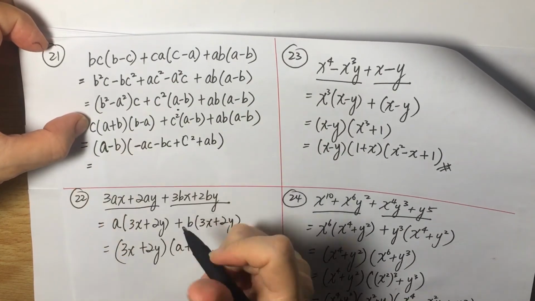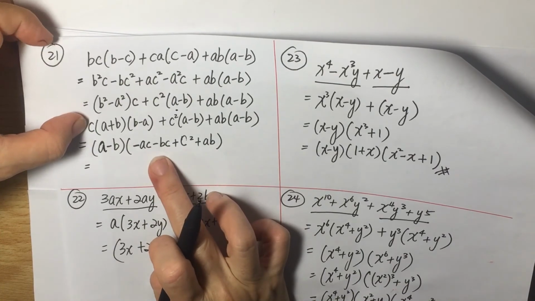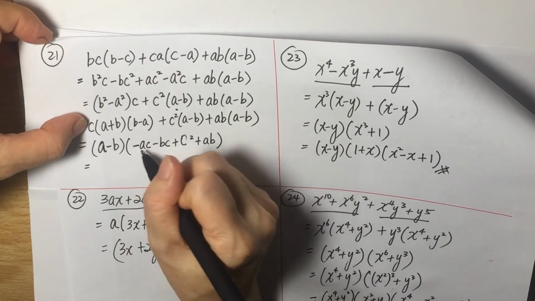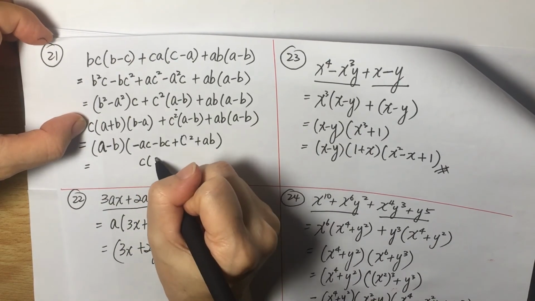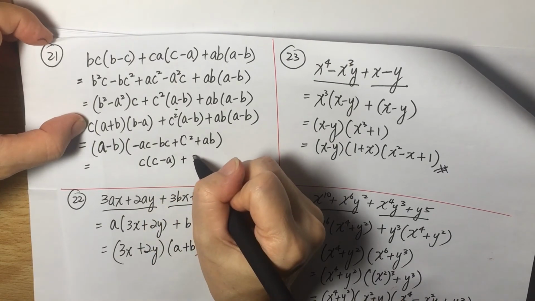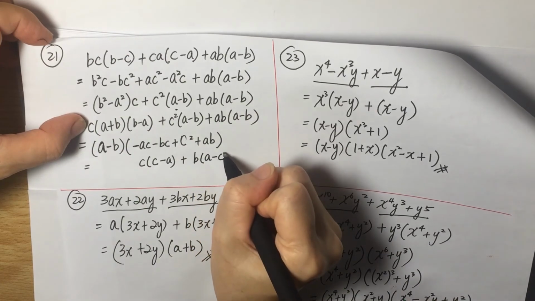So now I'm going to factorize these. Okay, so how do I factorize? Maybe I group this one with this one, a positive with a negative. So I have C into C minus A, and then B into A minus C.